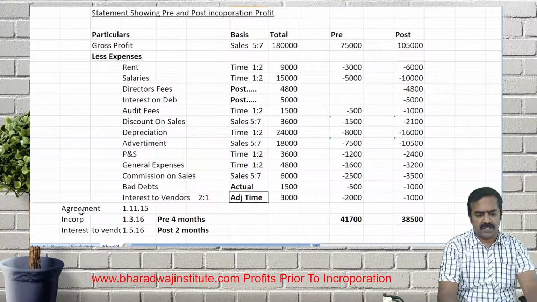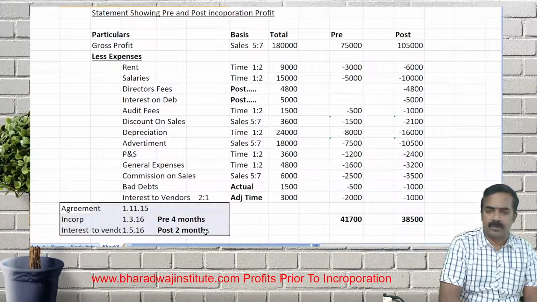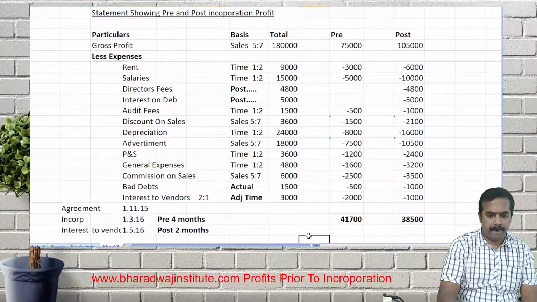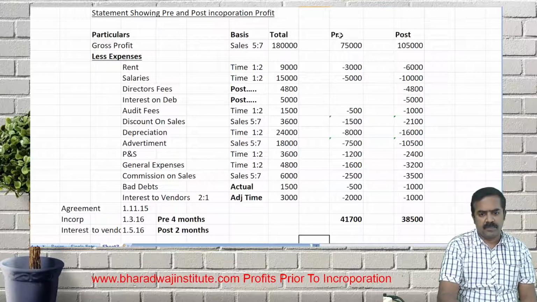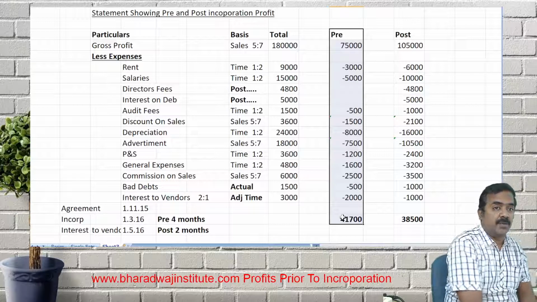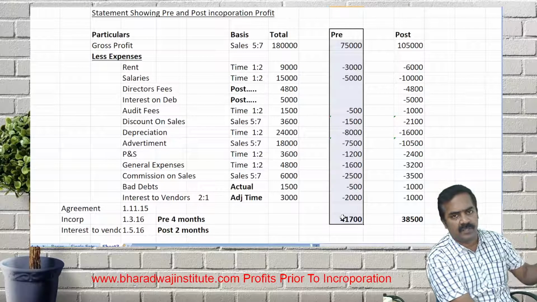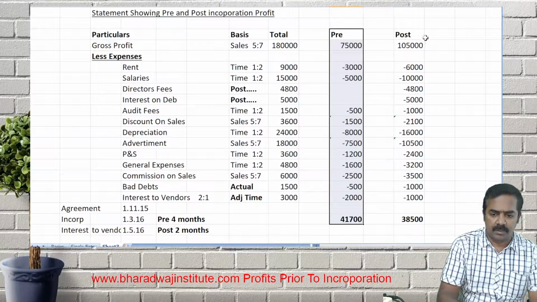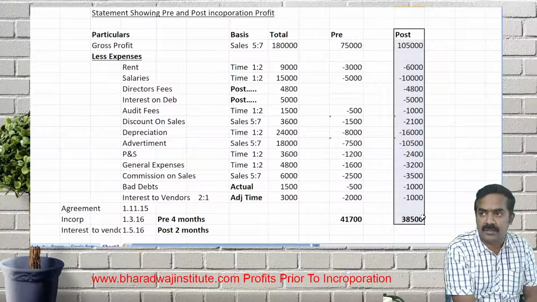Interest to vendors, we adjust the time to 6 months, that is 4 months pre, 2 months post. What will you write? Pre-incorporation profit to be transferred to capital reserve, 41,700. Not available for dividend or remuneration. Post-incorporation profit available for dividend and remuneration, 38,500.